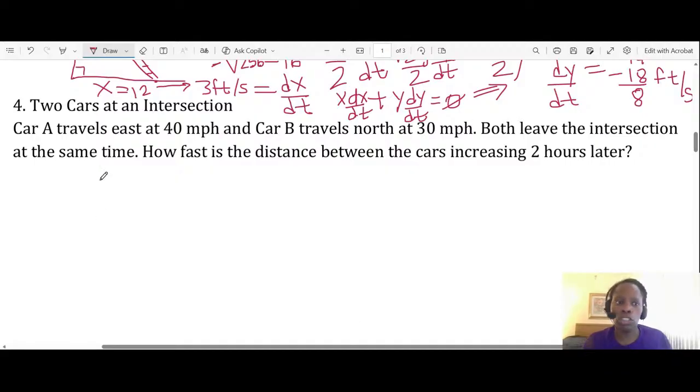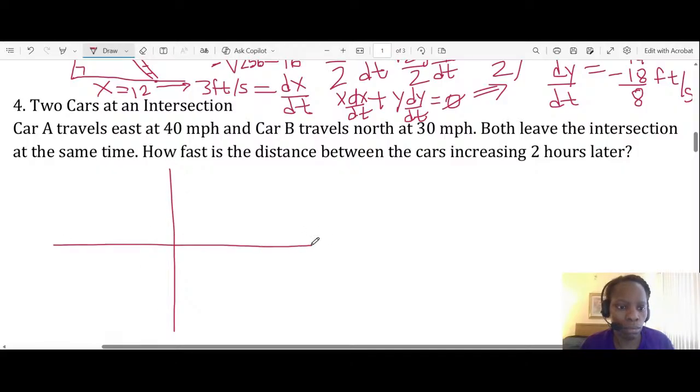Okay? So we got 2 cars at an intersection. There's the intersection, and there are 2 cars at the intersection.